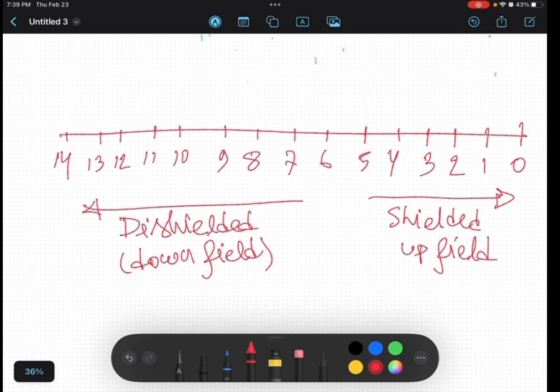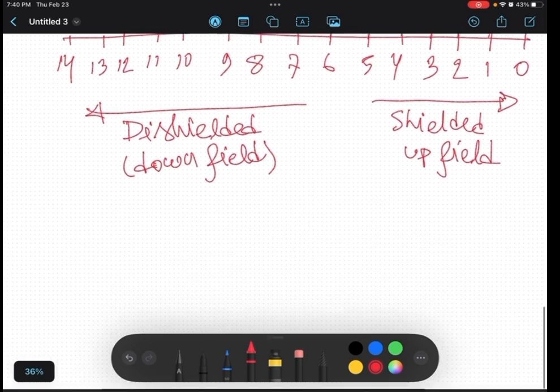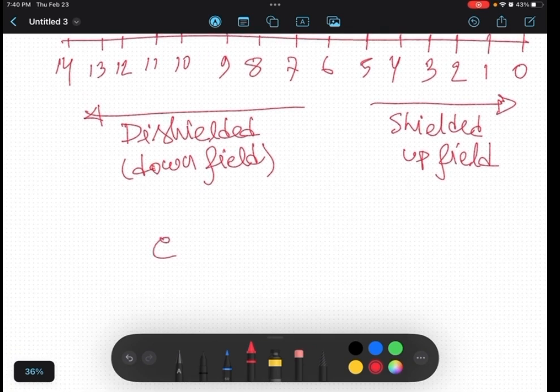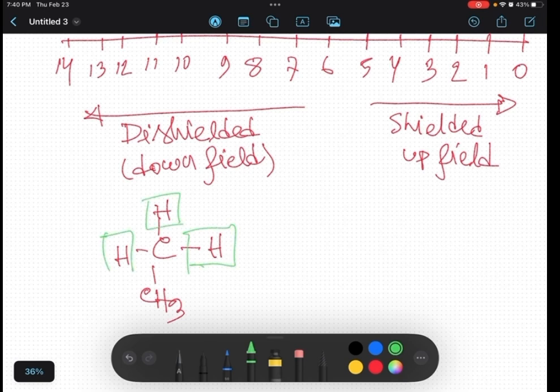Okay, now normally we can show the electron as I was discussing. Any normal proton, this proton or this proton or this proton, will have a similar type of effect.